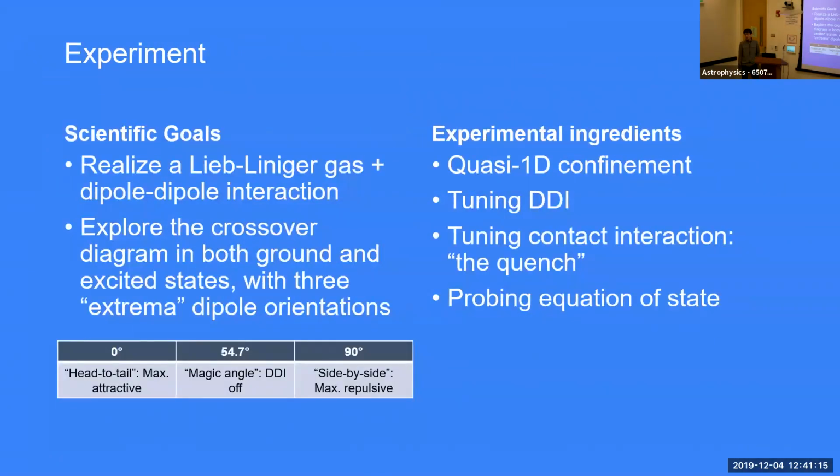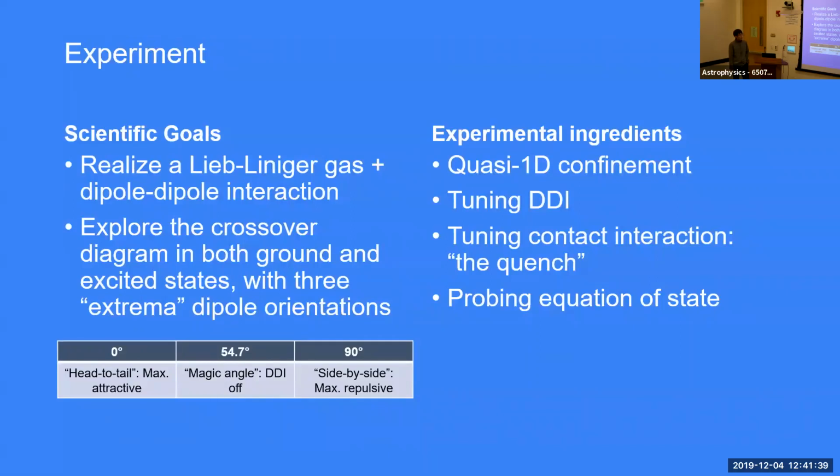So now let's get to the actual experiment. Just to remind you, our scientific goals are first to realize the Lieb-Liniger model plus a dipole-dipole interaction. We would also like to explore this entire crossover diagram in both the ground and the excited state with the previously mentioned three extreme dipole polarizations.